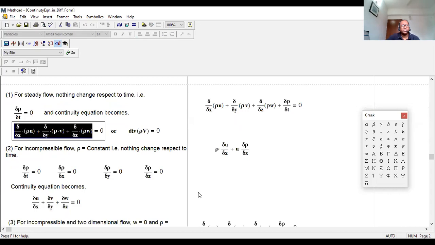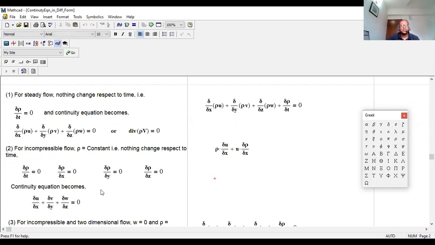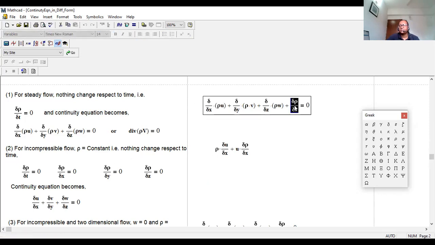For incompressible flow, again you have no sense of density, right? So this term will be 0. Then this rho is constant, right? You take rho out to the outside.